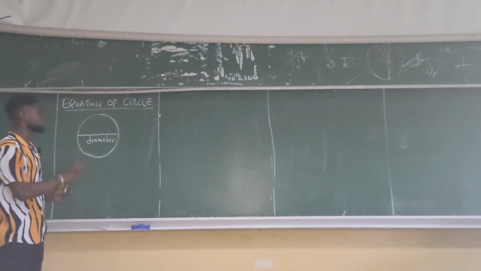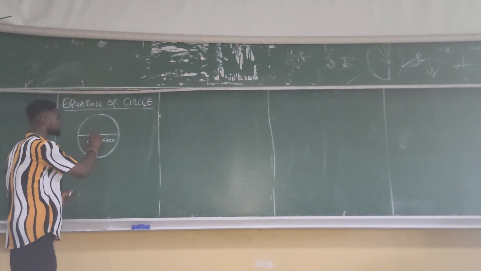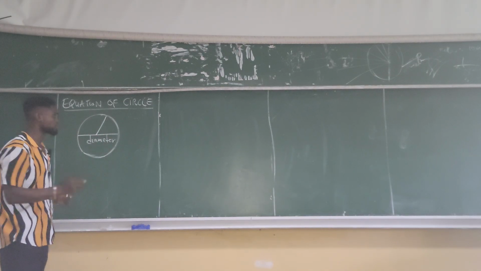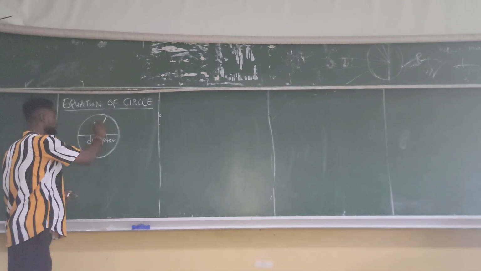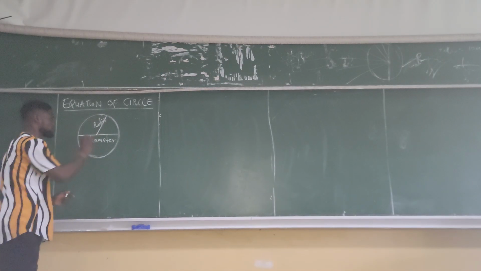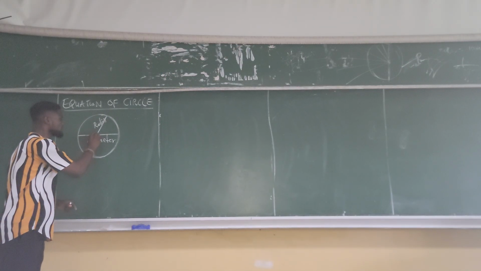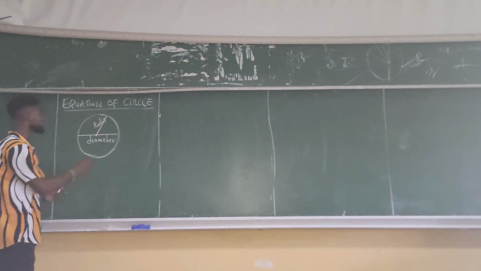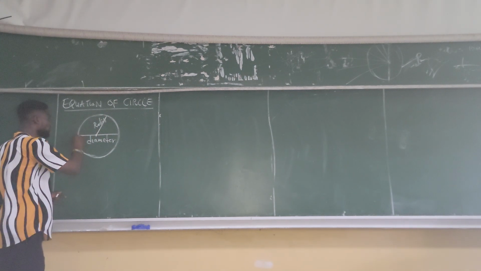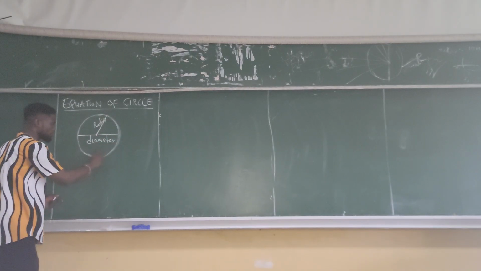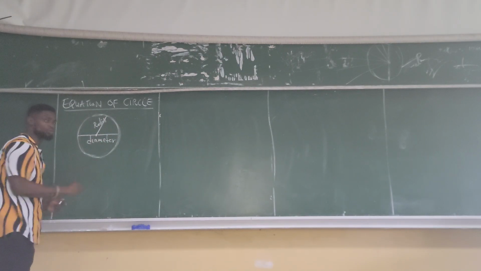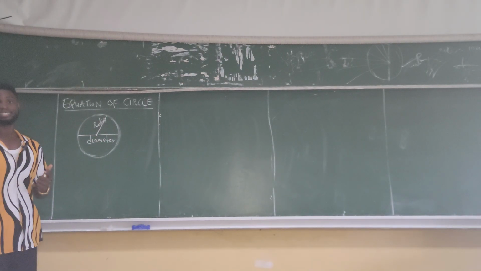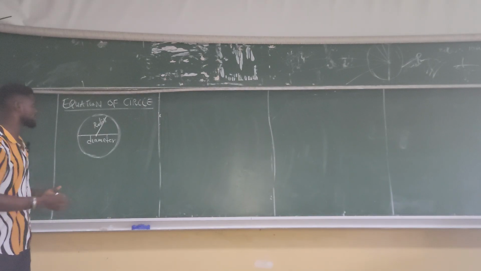Half of the diameter is what we refer to as radius. This point is the center of the circle. And the total body of the circle, that means the perimeter of the circle, is what we call the circumference. That is the perimeter of a body.